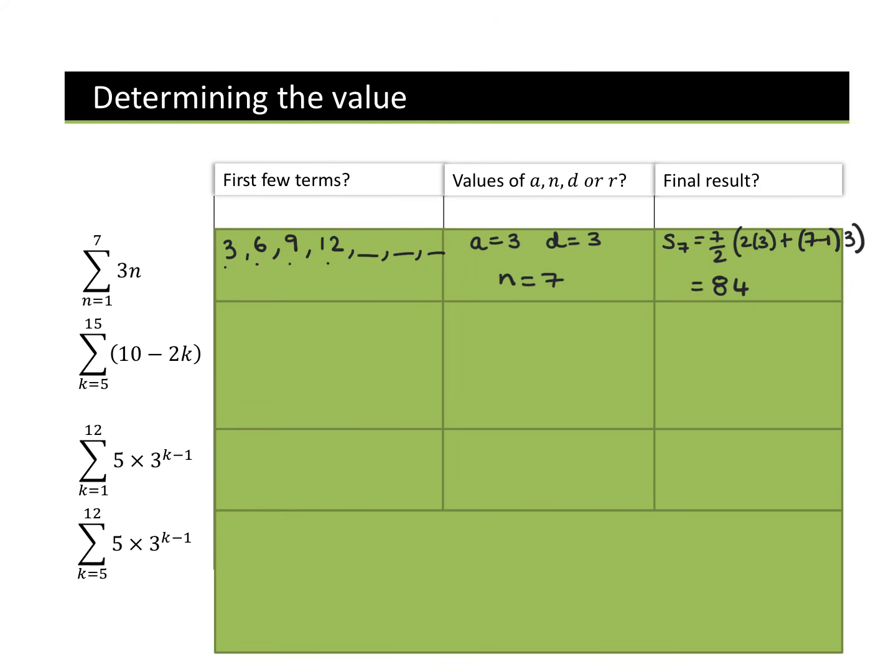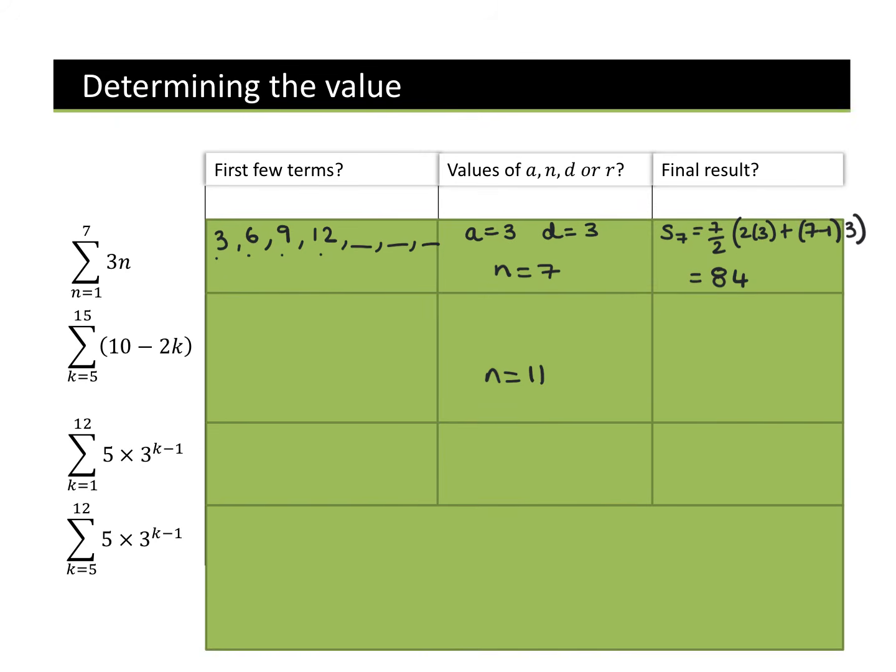So anyway, we skipped ahead here, but that means our n equals 11. When we enter k equals 5, 10 minus 2 lots of 5, 0. When k equals 6, 10 minus 2 lots of 6, negative 2. 10 minus 2 lots of 7, negative 4, etc. Now it's clear that this is arithmetic, sorry, it's not geometric.